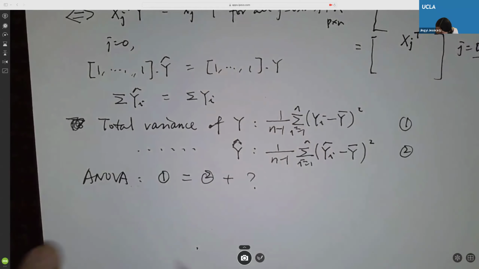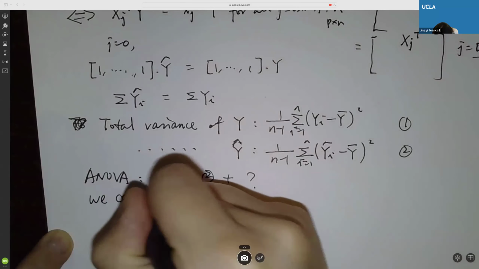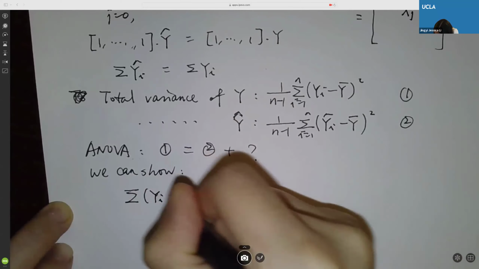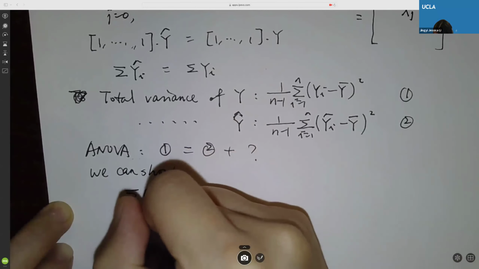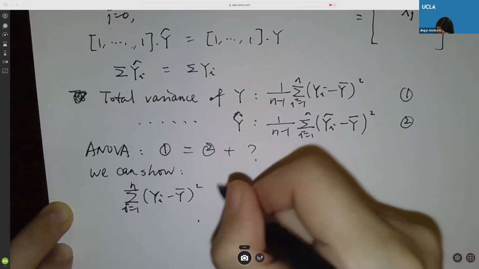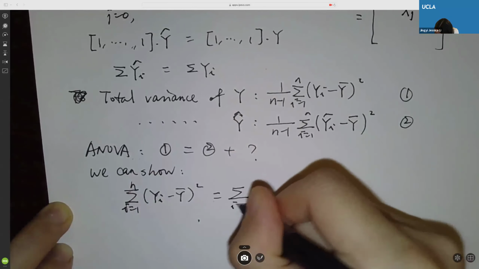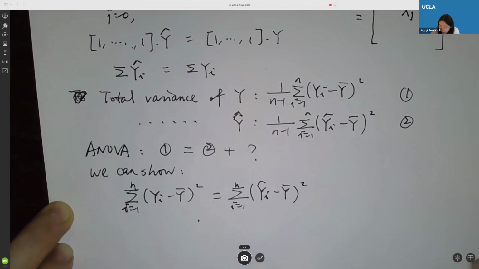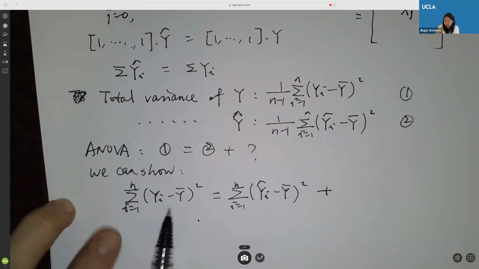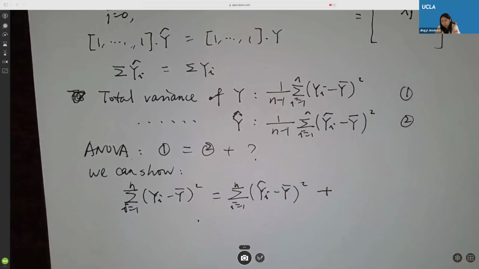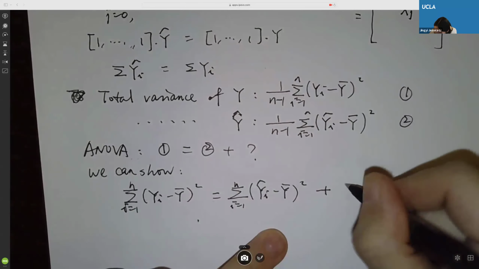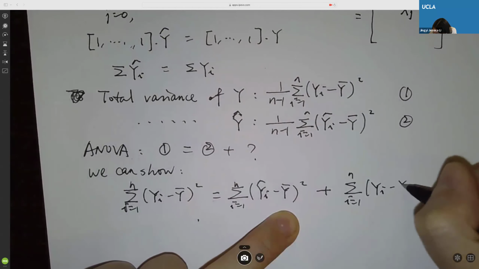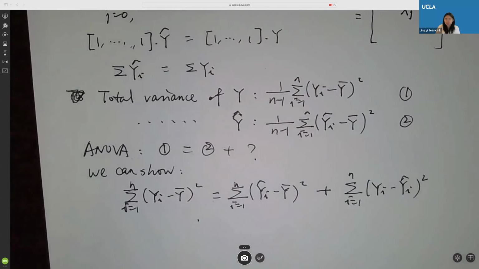I can actually show that the summation of yi minus y bar squared, from 1 to n, is equal to the summation from 1 to n of yi hat minus y bar squared, and the remainder, if we do algebra, we open it up and do the calculation, is the sum from 1 to n of yi minus yi hat squared.